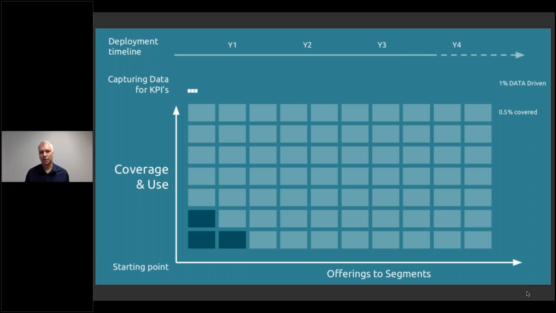And then how much are we covering of everything that we need from that, basically capturing data for KPIs in this. So how many processes do we have and how much knowledge are we capturing of this offering at any given time.